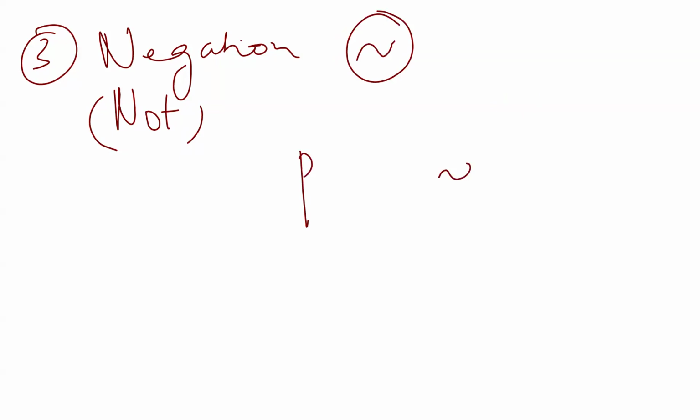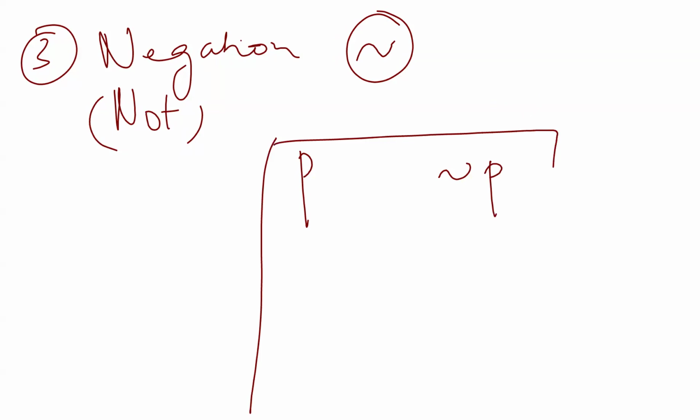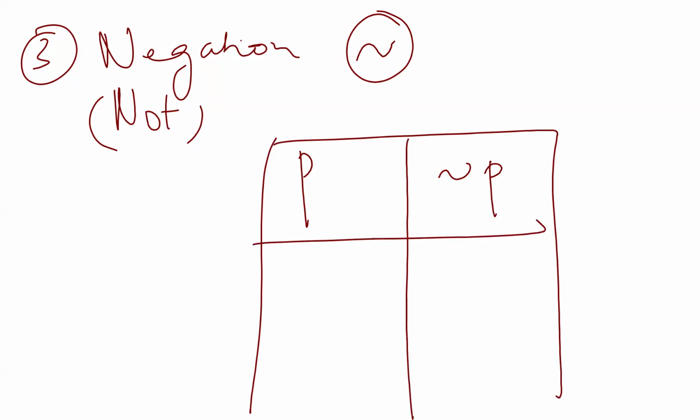P, negation P. So negation of true is false and negation of false is true.